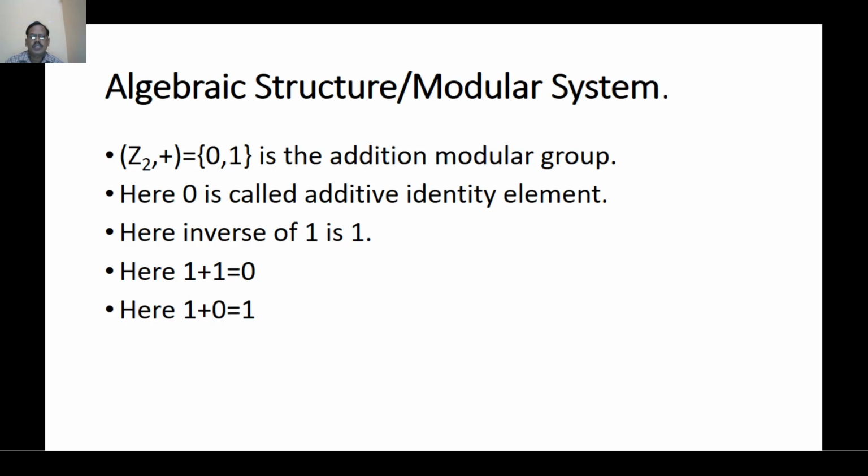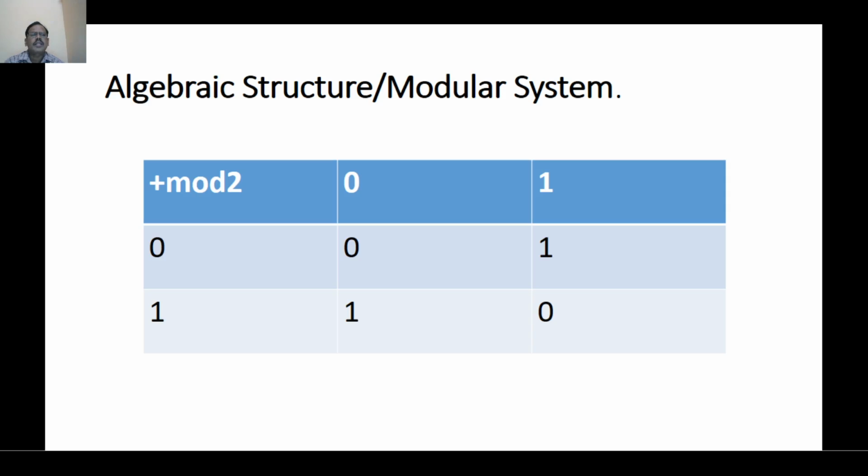So this is the addition modulo 2 table. You observe that 0 plus 0 is 0, 0 plus 1 is 1, 1 plus 0 is 1, 1 plus 1 is 2, but you have to write it as 0 because you divide 2 by 2.